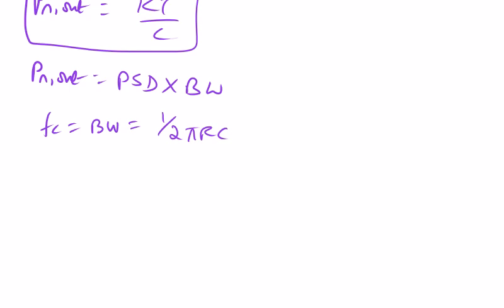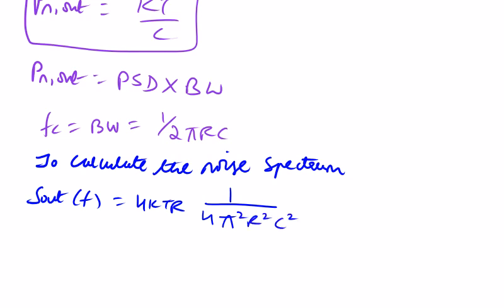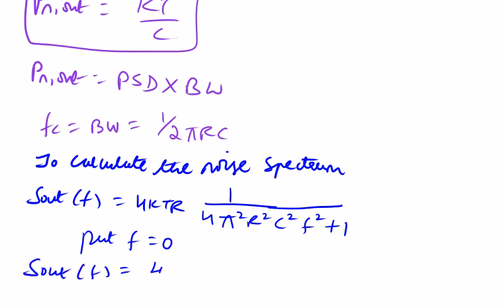Okay, next we have to calculate the noise spectrum. So S_out(f) is equal to 4kTR times 1 divided by 4 pi square R square C square f square plus 1. Then put f equal to 0, we get S_out(f) equal to 4kTR.